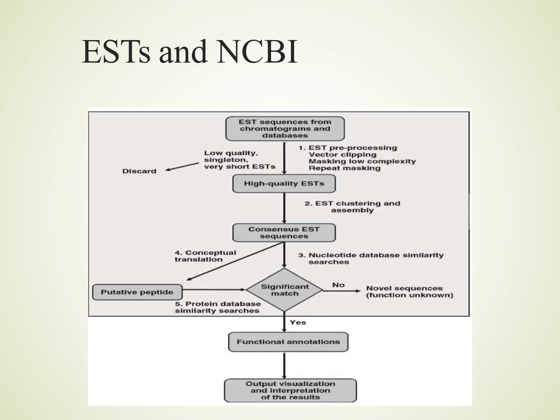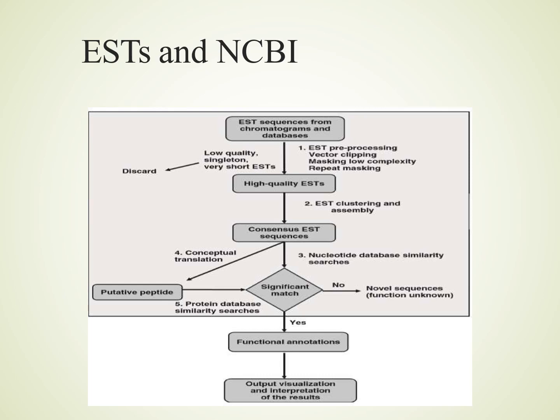So you perform multiple sequence alignment of the similar ESTs, and then you determine the consensus EST sequence. Understand? If the EST sequence is low quality, then it is simply discarded. Or if the EST sequence is very short, then also it is discarded. Only high quality ESTs of sufficient length are used for generation of the consensus EST sequence.